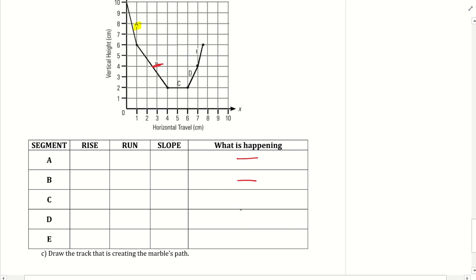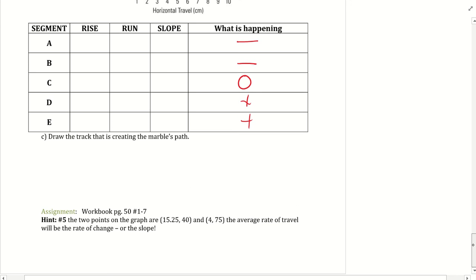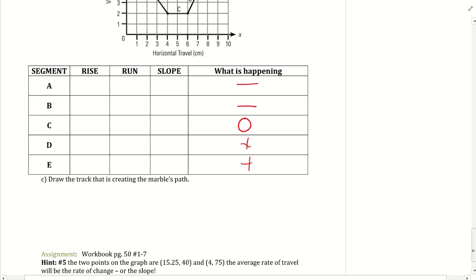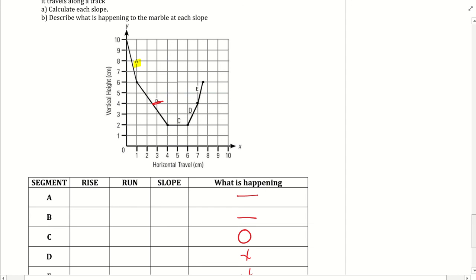C, you could see, is horizontal, so that would have a slope of 0. D has a positive slope, and E has a positive slope. You could just take the coordinates to figure out your rise and your run, and what your slope is on that.